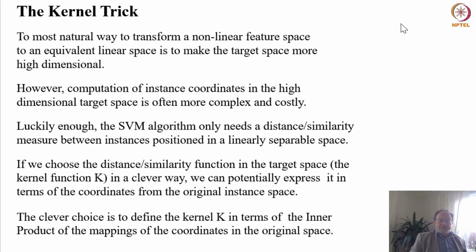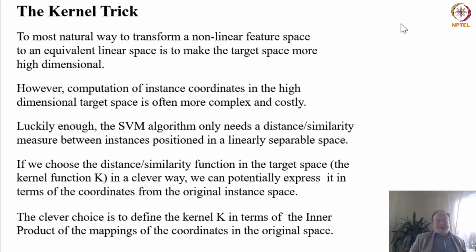A key concept in our approach to transforming a nonlinear feature space to an equivalent linear space is to make the new space more high dimensional. A problem with that is that computations of instance coordinates in the high dimensional target space are often more complex and costly.